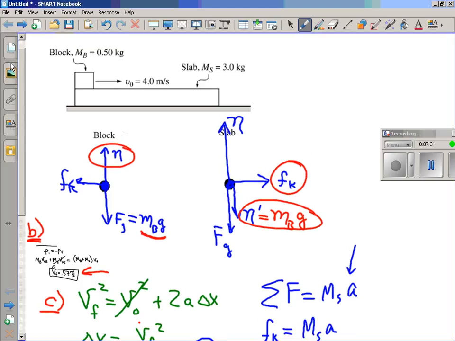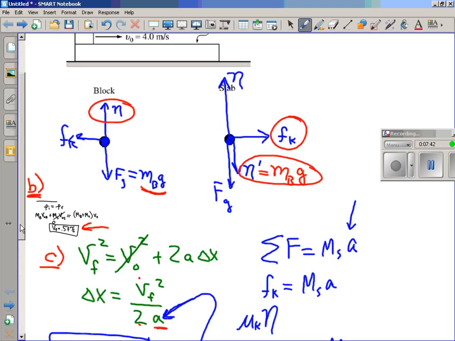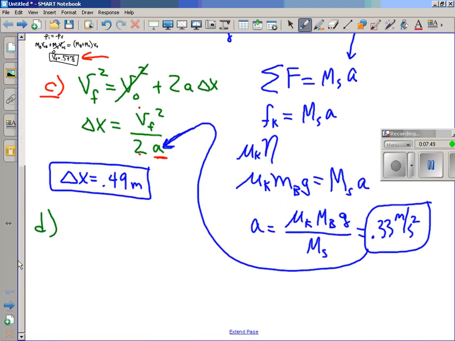A lot of people always think that friction slows things down, but it's kinetic friction in this case that's causing this slab to start to move to the right. And so when we look at the slab, force of kinetic friction is the only force acting in the direction of motion, and so that's doing all of the work.